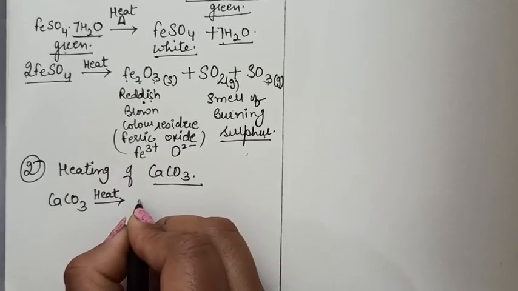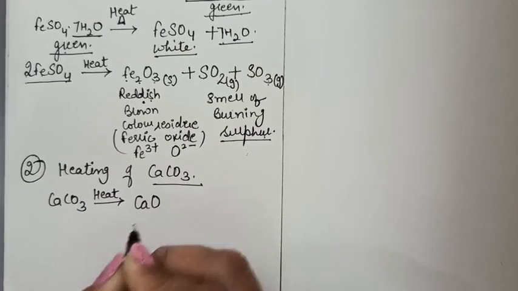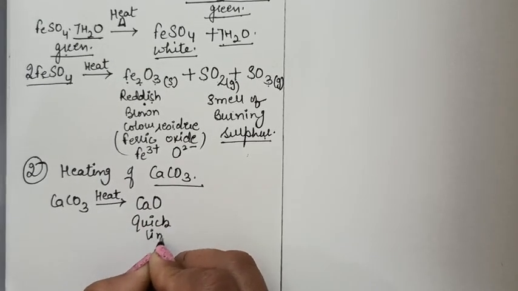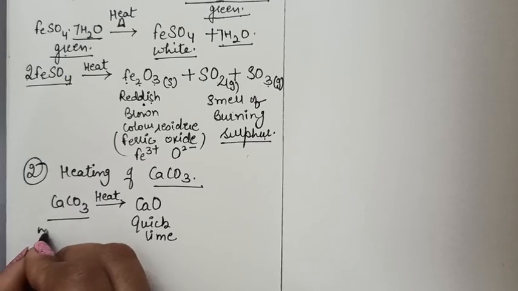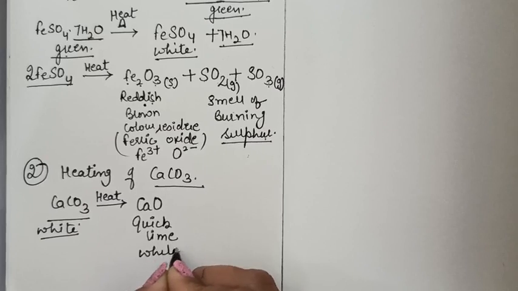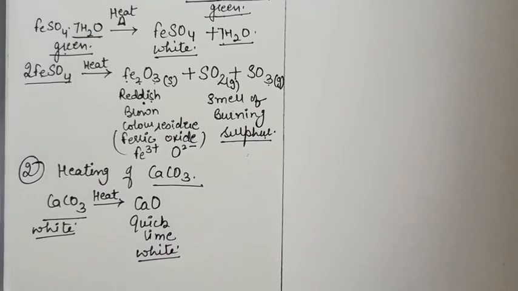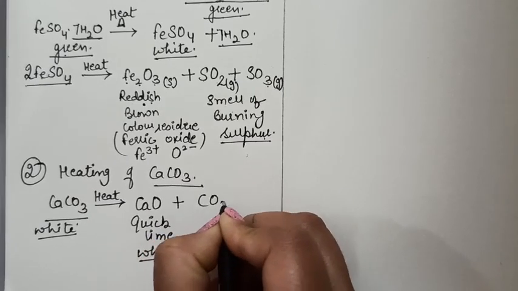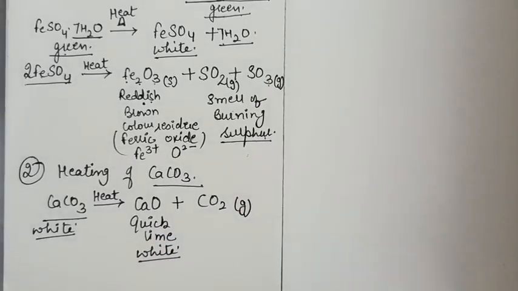It will form calcium oxide, that is quicklime. Calcium carbonate is a white powder, and quicklime is also a white powder, plus it will release CO2 gas.